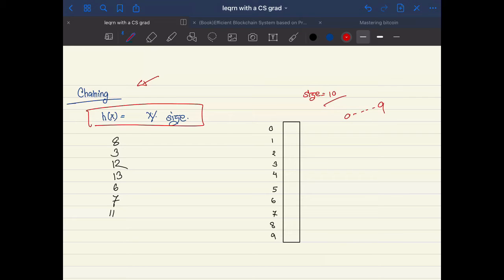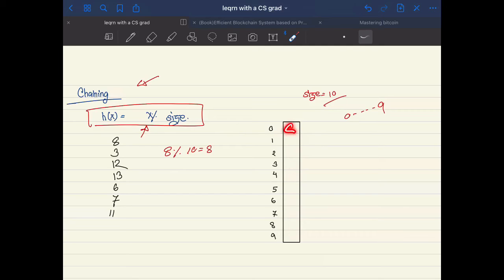For each case we put the values into the equation and look at which index it goes into. So 8 mod 10 gives us 8, so we put 8. However, as this is chaining, we are going to put the address of the chain into these indexes.